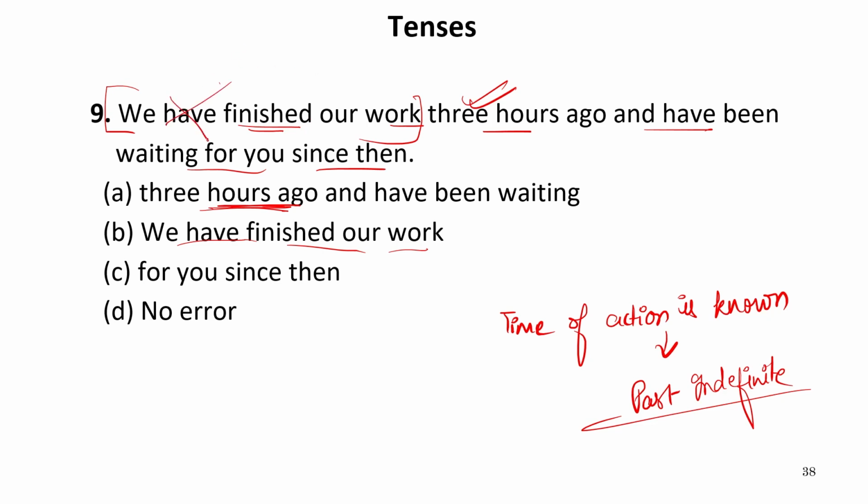So have should be removed from here. So our answer should be B, because it is written in part B. It should be we finished instead of we have finished.